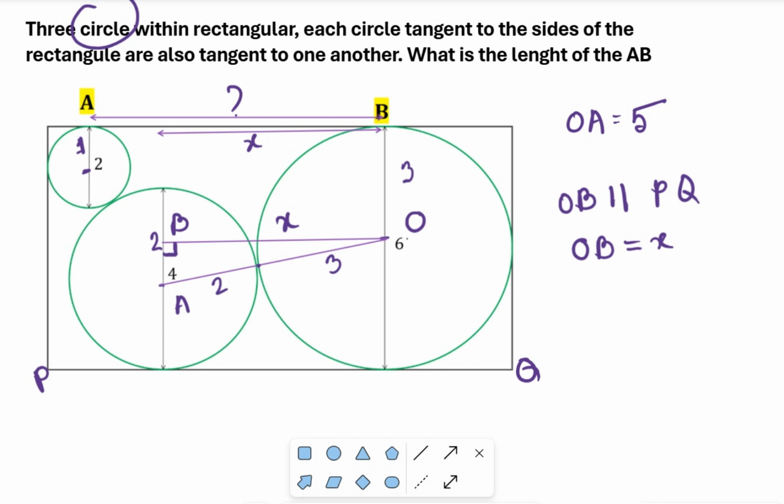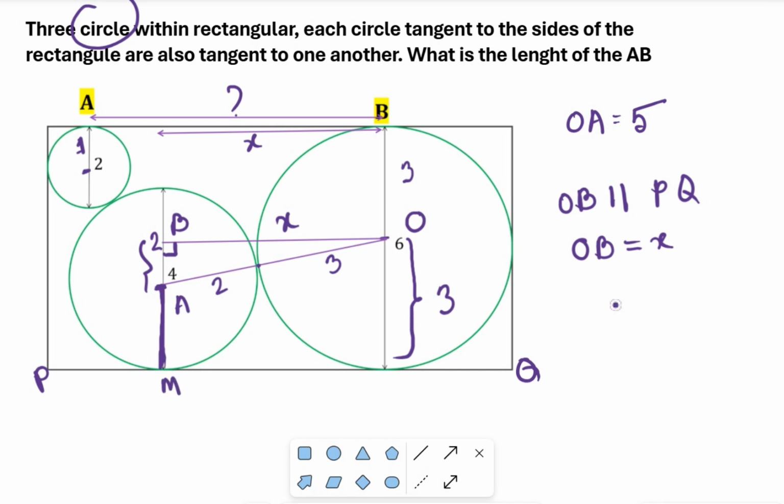Up to this length is 3, the radius of the larger circle, and for triangle AOB up to this length we can determine. So this is the center, and this length is obviously perpendicular to PQ. So let's say this is PM.